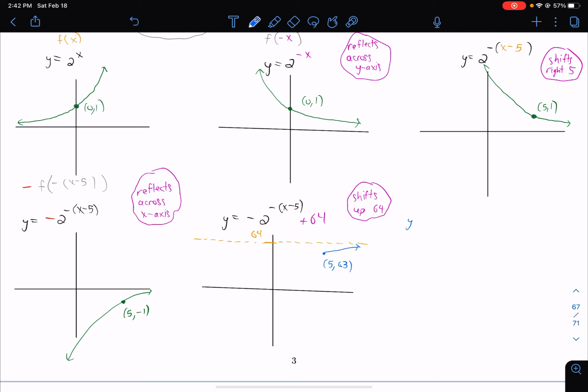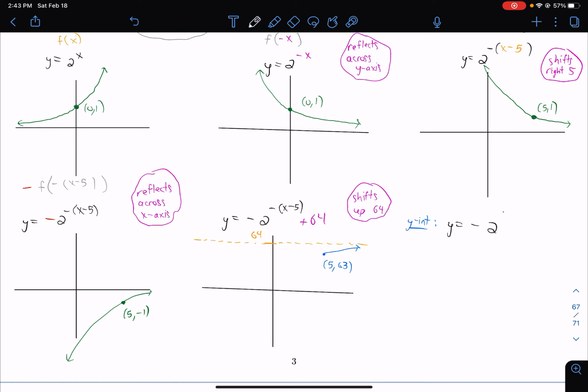So if I try to get the y-intercept, we plug 0 in for the x. That'll give us y equals -2 to the exponent, and if I plug in 0 for the x in the exponent, I'll get 5 as the exponent, plus 64. So this is -32 plus 64.